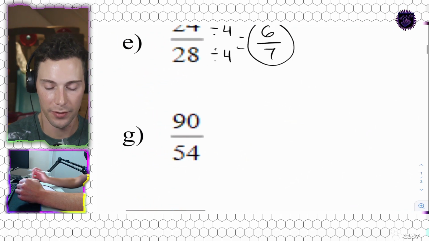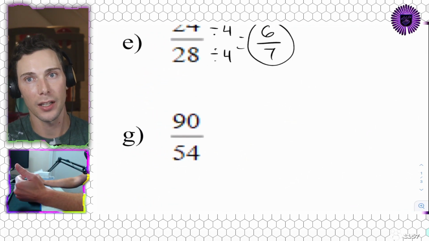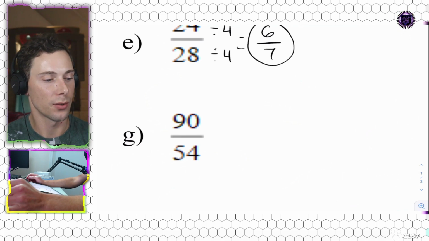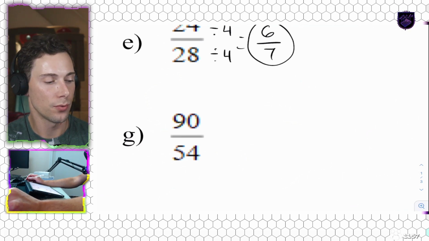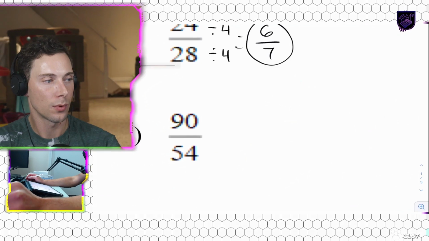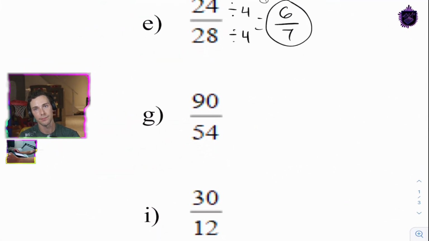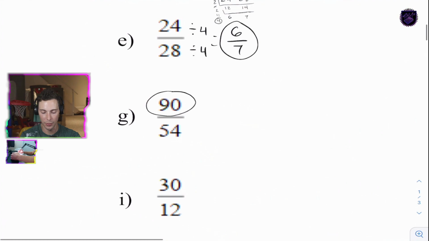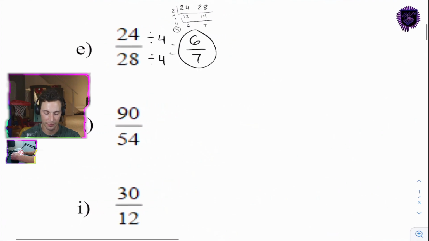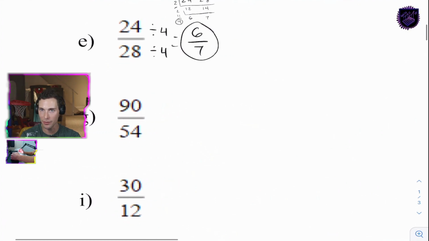90 over 54. Okay, so now we're getting into some improper fractions. Let's do some work where first we're going to pull the whole out of here, right? There's definitely 54 parts within this 90. So we'll pull the whole out and then we'll simplify. So first we'll create a mixed fraction, and then we'll simplify.